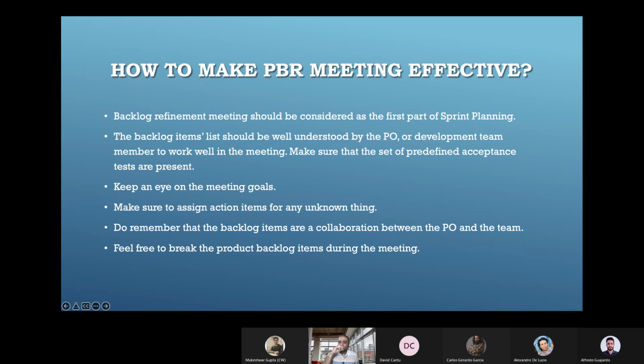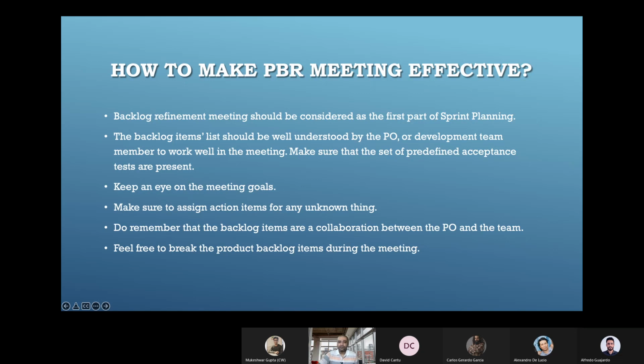Why can't we break it into 8 or 5, or why can't we break it into 3 stories, maybe 2, 3 and 5, something like that. So we need to break down epics and stories into as granular parts as possible.